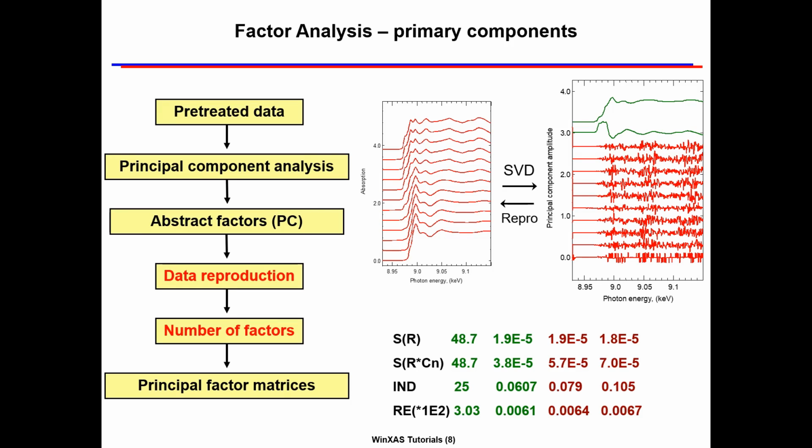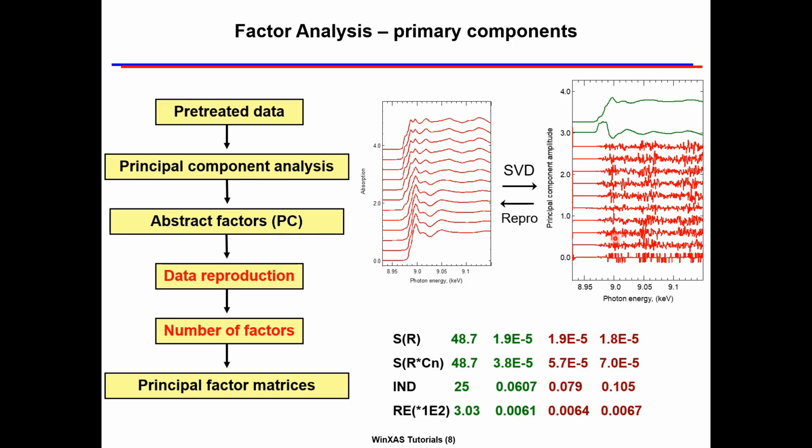After singular value decomposition, the number of primary components and the border between primary and secondary components is determined. While primary components carry the relevant data, secondary components contain the noise.